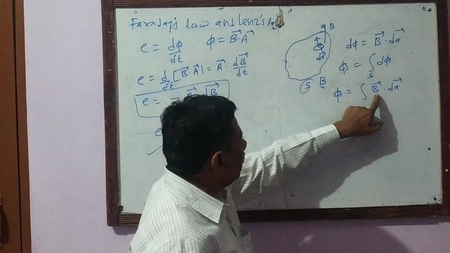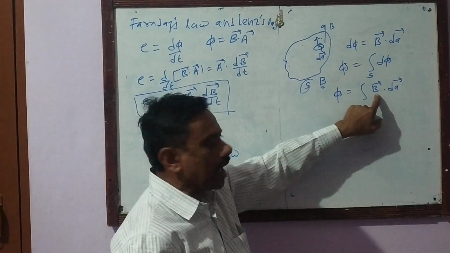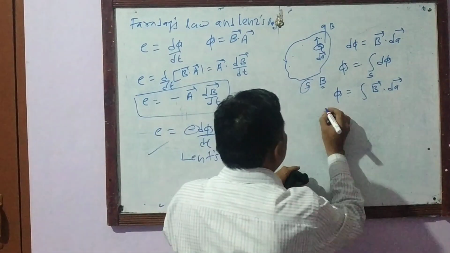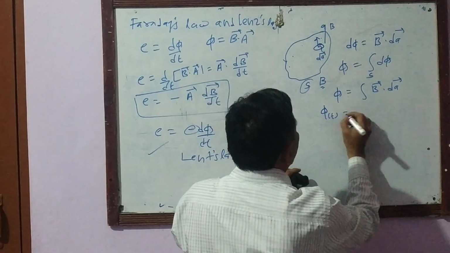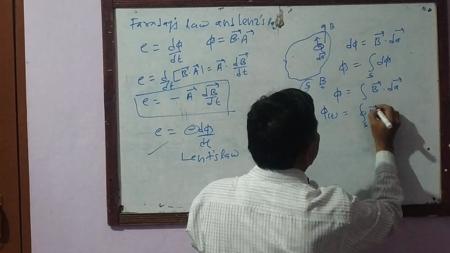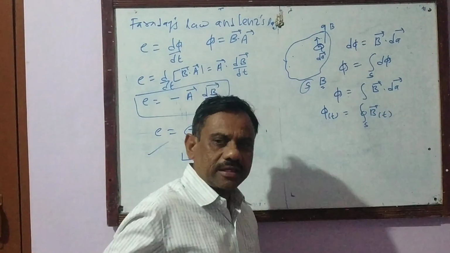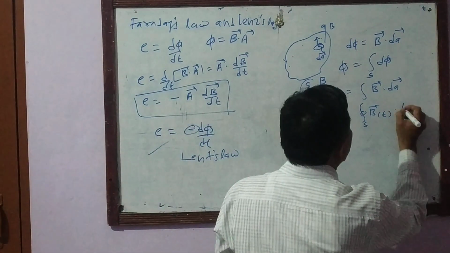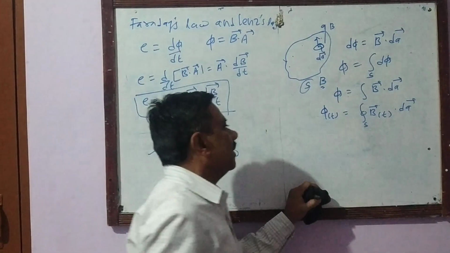But since the magnetic field is not constant and changes with time, we can write phi of t is equal to the integration over the closed surface S of B, which is a function of time, dot dA vector.